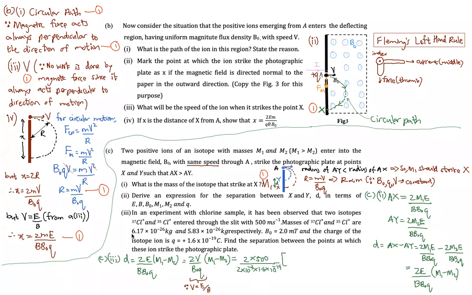This is going to be M1 because that is the larger mass, and this is going to be M2. So 6.17 into 10 to the power minus 26 kilogram. It's in kilogram, so no need to panic. Minus 5.83 into 10 to the power minus 26 kilogram.